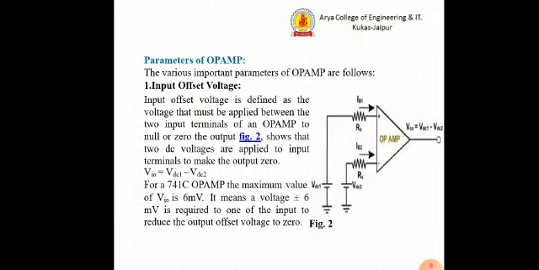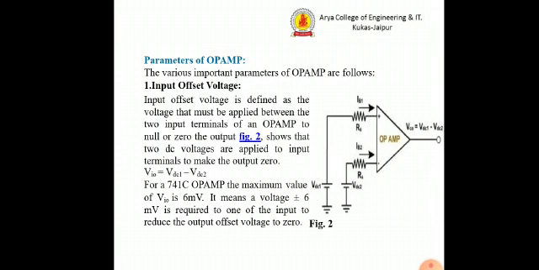Since the transistors are identical enough, if we give the same input to both the inverting and non-inverting terminals, the output should be 0. If it is not so, we can say the transistors were not identical and not perfectly matched.